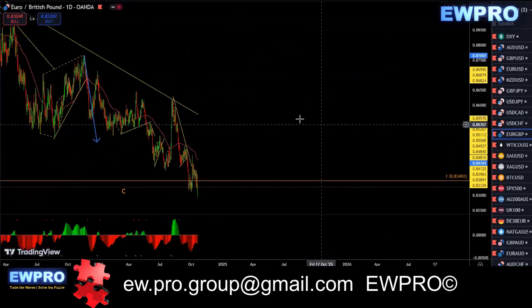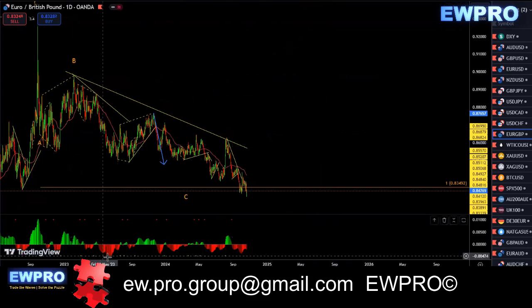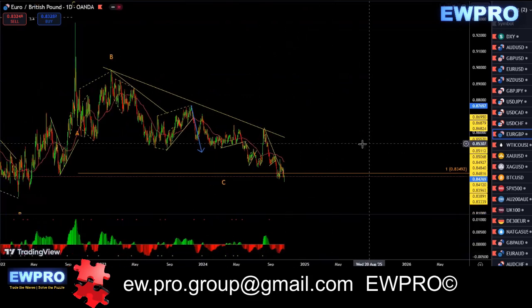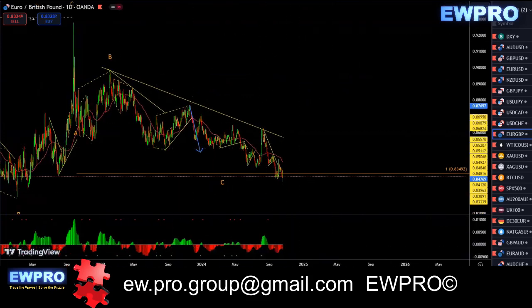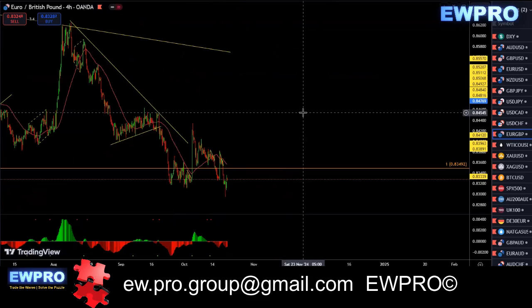E.g., on the daily, we got all this bullish divergence, like I've been mentioning hundreds of times in these daily outlooks, only looking for the buys. We may finally start to get something.